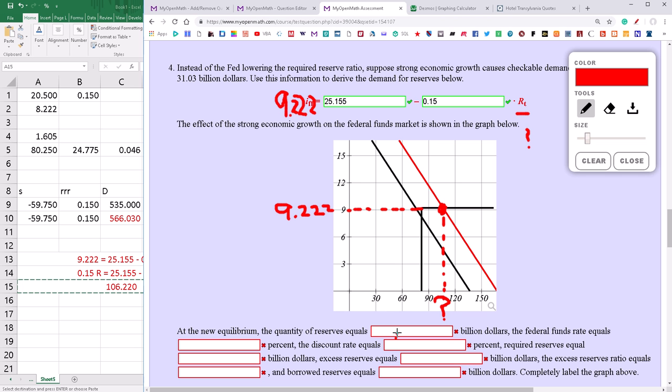So the new quantity of reserves is 106.22. If I plug this value into here, then I'll get 9.222. Okay? And then clear.